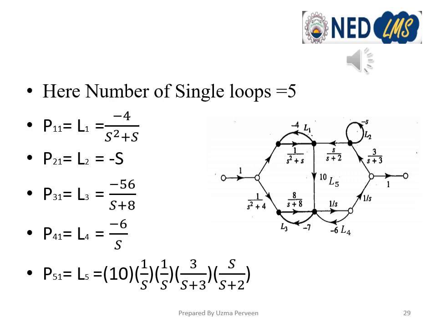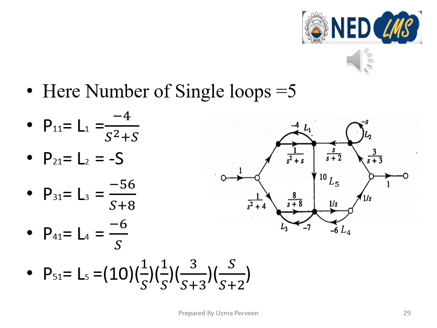Now we'll count the number of single loops. The first single loop is at the top left, that is L1, minus 4 upon S square plus S. At the top right is the second single loop, whose branch gain is minus S. The third one is at the bottom left, minus 7 into 8 upon S plus 8, that is minus 56 upon S plus 8.